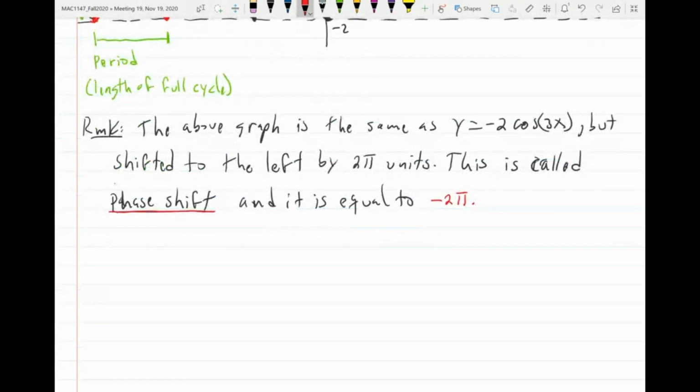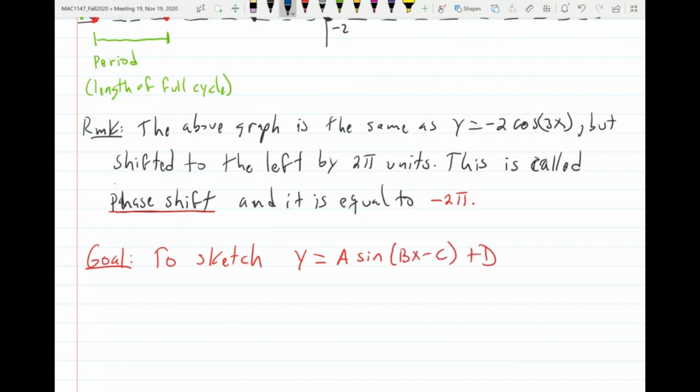So what is it that we want? What's the goal? As we did with this example, the goal is to sketch functions of the form y equals a times sine of bx minus c plus d, and similarly, like we did above, a times cosine of bx minus c plus d.